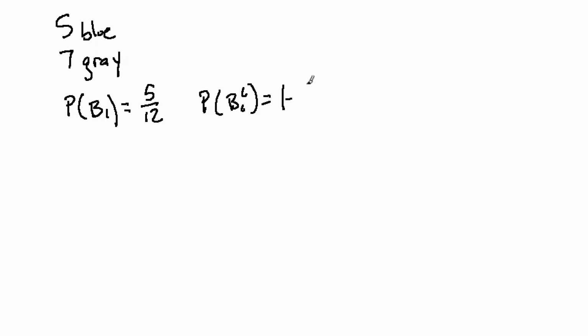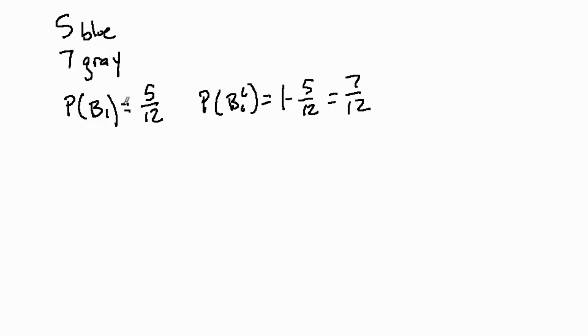Now I think that you're all willing to believe that the probability that the first ball would be blue, well, there are a total of 12 balls in here, and 5 of the balls are blue, so the probability of B1 would just be 5 over 12, and the probability of B1 complement would just be 1 minus 5 over 12, which is equal to 7 over 12.